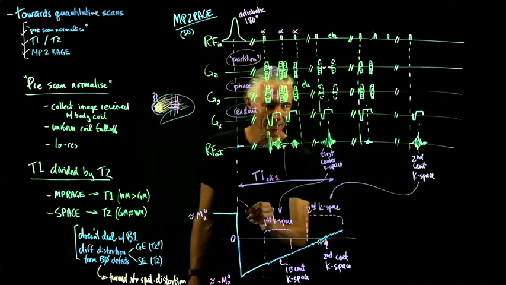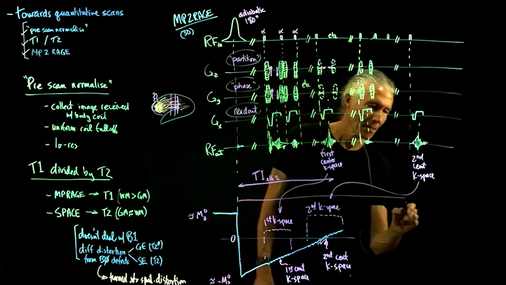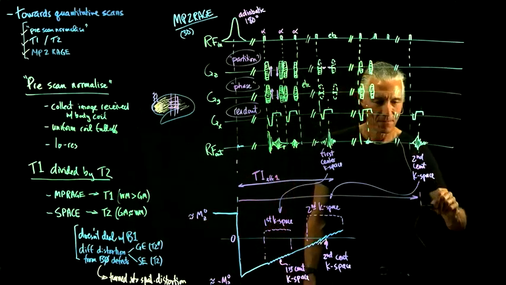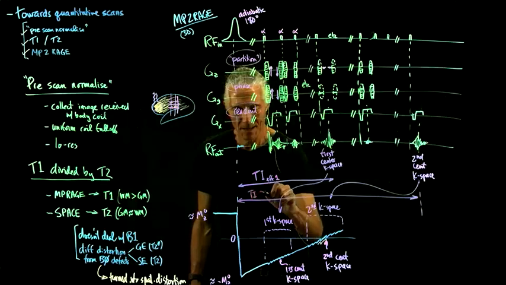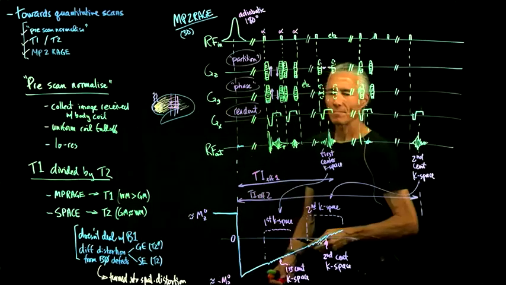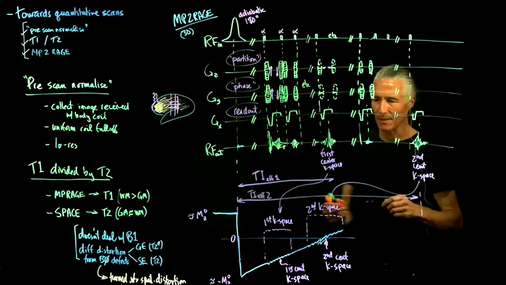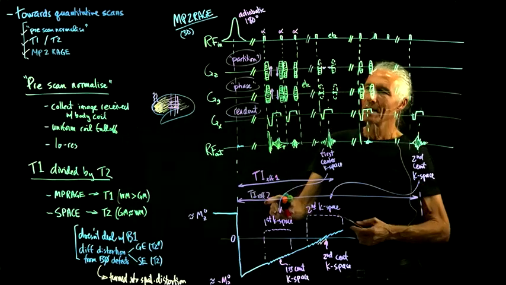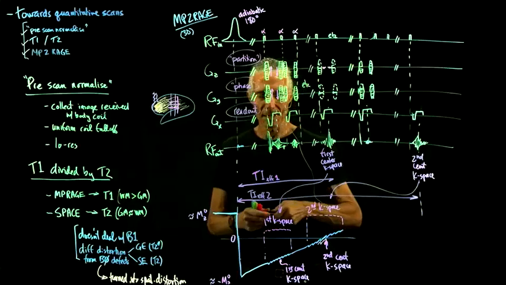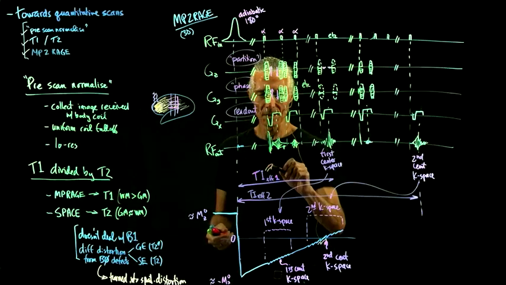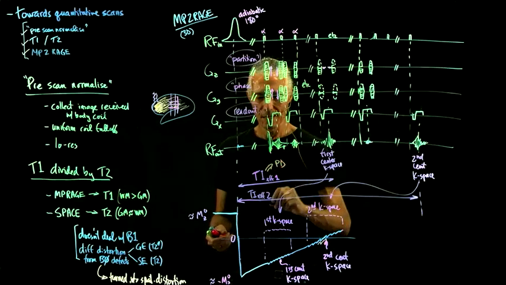And this one is TI effective 2, because there are all different inversions for all the different parts of k-space 2. This one will give us a T1 weighted image, and this one will basically give us proton density. So this one will look like proton density, and this one will look like T1.